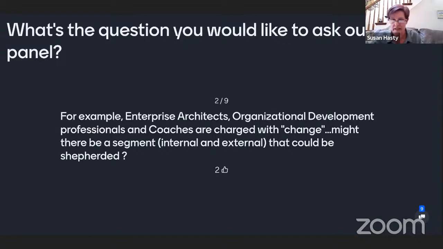Part of the issue I see is that when we go in and say this to corporations, if we have internal and external architects and OD people who are still patronizing the old message, then it tends to fall on deaf ears. So I was just looking for a way to build some momentum.